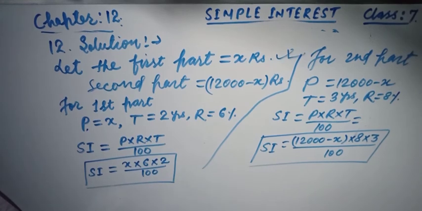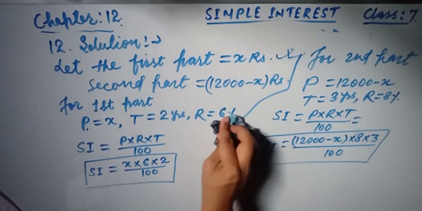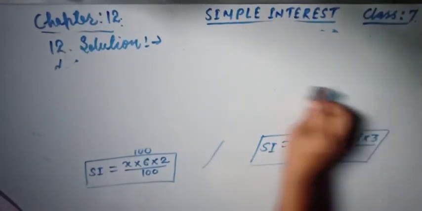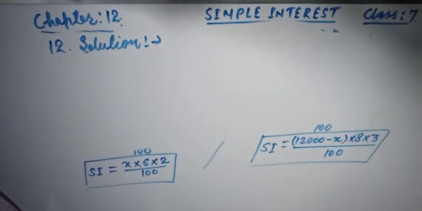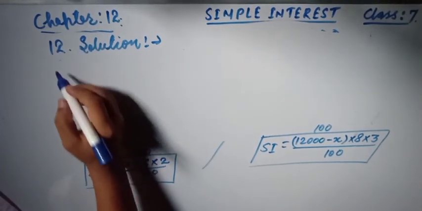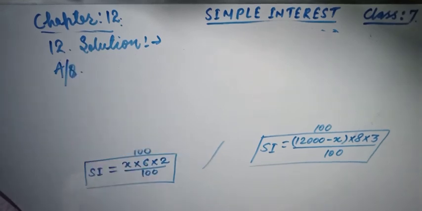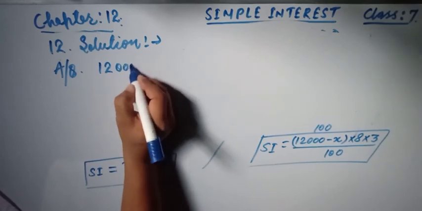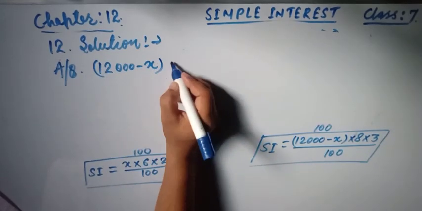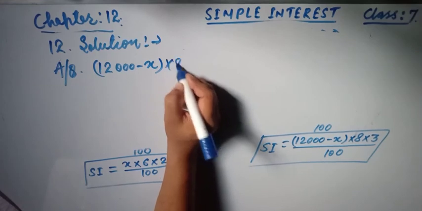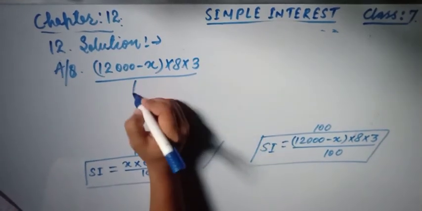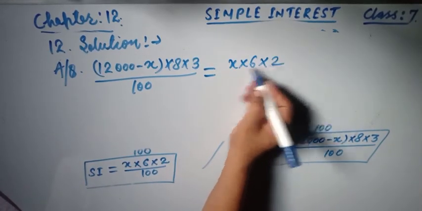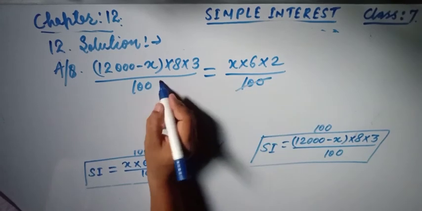Now according to the question, 12,000 minus X multiplied by 8 multiplied by 3 divided by 100 is equal to X multiplied by 6 multiplied by 2 divided by 100. So here 100 will get cancelled.